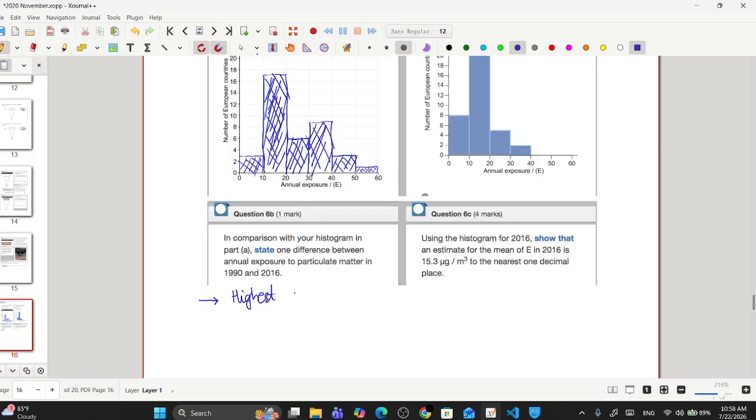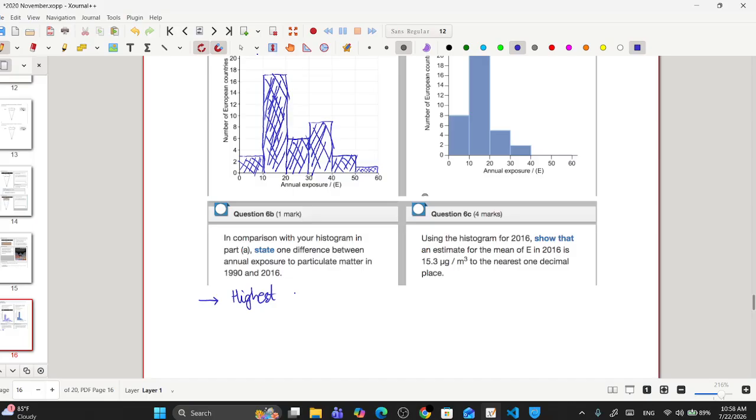whereas highest in 2016 was 24 microgram per meter cube.